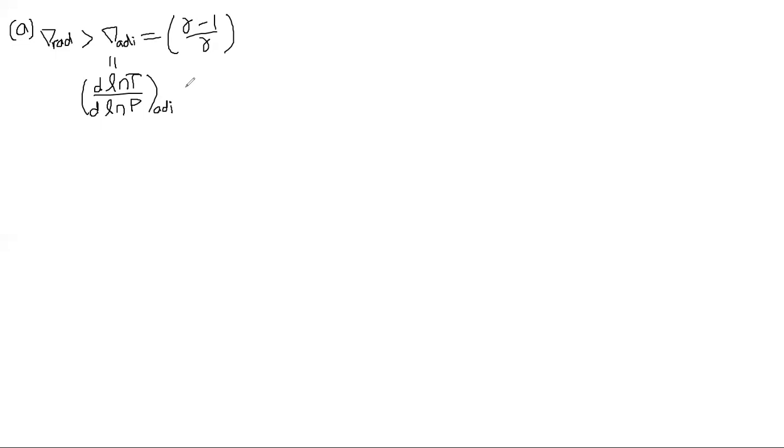Whenever we're in a particularly opaque part of the star, and the temperature gradient is too small, when the criterion I've written down is satisfied, then we get convection. If nabla rad is smaller than nabla ad, then we are going to get radiative dominance.